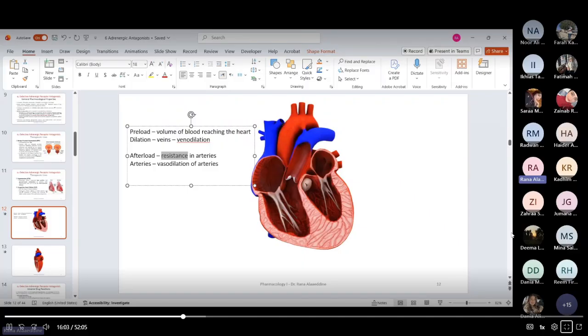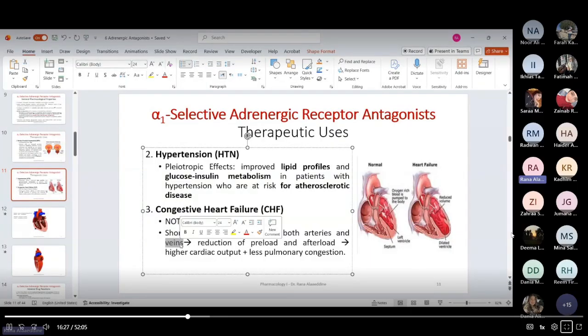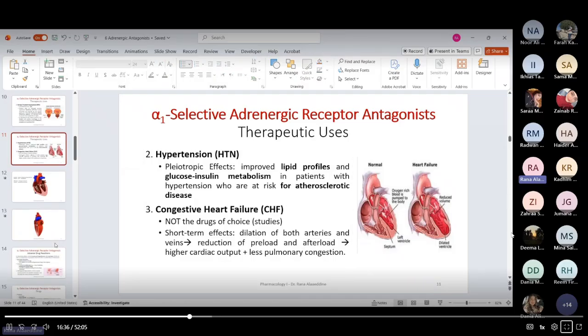And I would also dilate the arteries because they will not be too constricted, and the heart doesn't have to pump a lot or work a lot to counteract this resistance. So bottom line, to treat heart failure, it would be smart to dilate both the arteries and the veins, or either of them. That would help. That will reduce the preload and the afterload, and help patients with their symptoms.